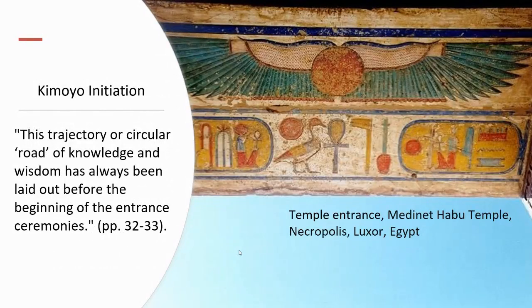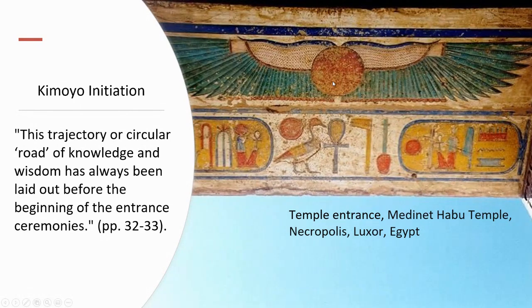And so it's interesting that when you go into the temples of ancient Egypt, that you see the sun. And so this image that you see on the right here is from the temple entrance of Medinet Habu Temple in Luxor, Egypt. So when you see this, they're telling you that now you're entering in the place.